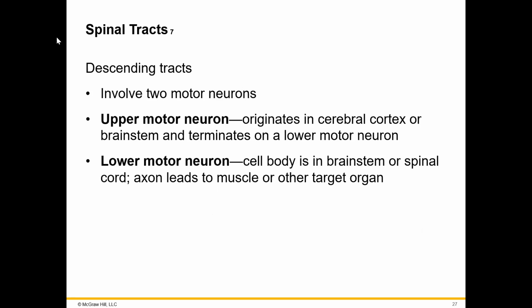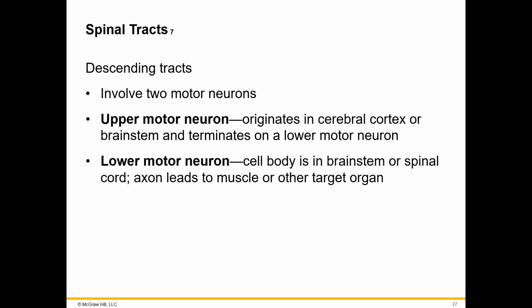Now let's look at descending tracts. They're not three, they're only two. So what do we know about descending tracts up to this point? Obviously, they descend from the brain centers.